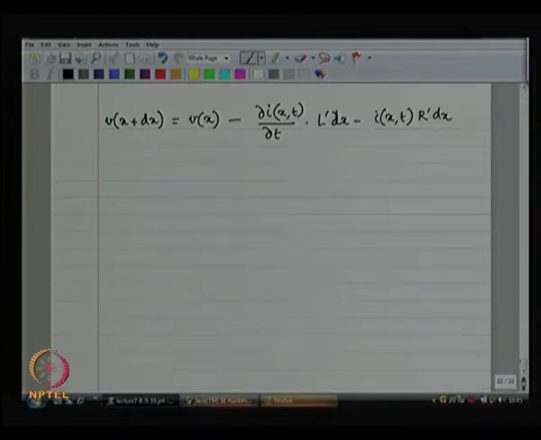And let us simplify a little bit. Let us bring all the voltages together. So, I have got V of x plus dx minus V of x is equal to this, and let us divide the left hand side by dx.